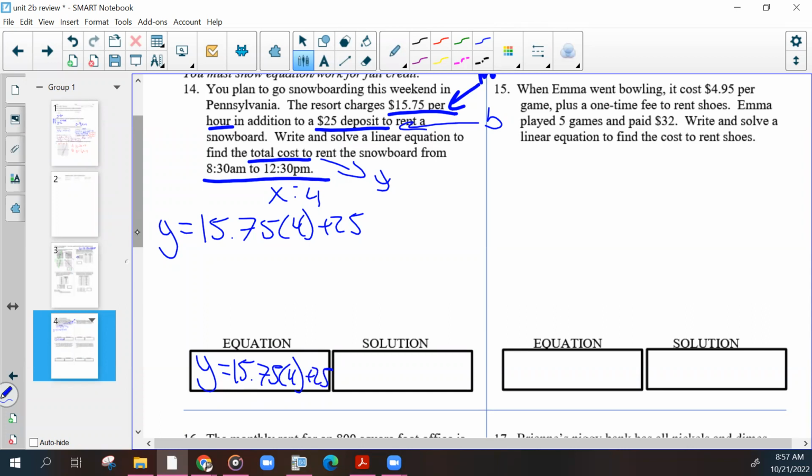Figure out what that solution would be. You know what, the bottom thing, I think, is the same thing as this. 15.75 times 4 plus 25 equals Y. I see that backwards.